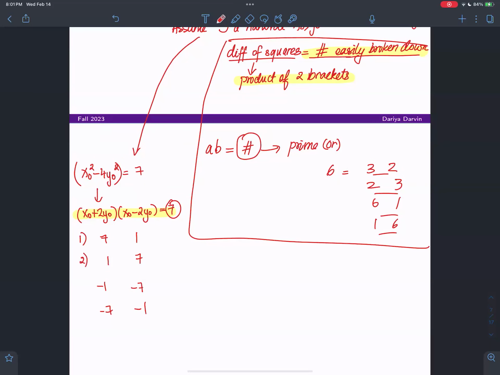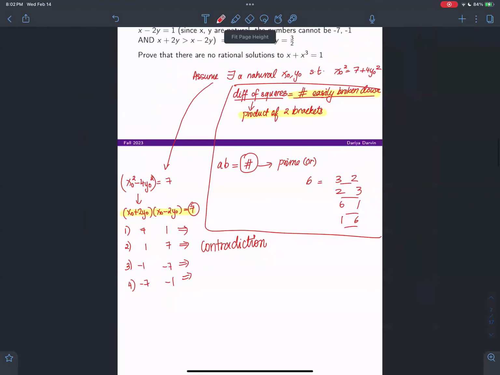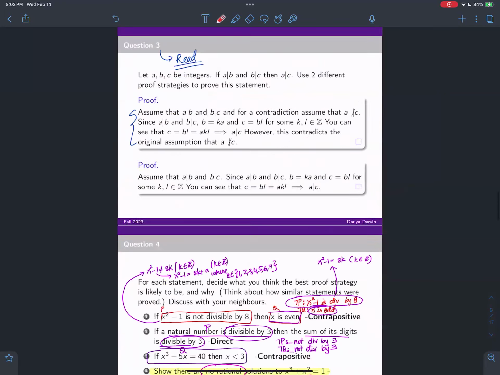These are your cases, and you have to take each case and show that it leads to a contradiction. I'm not doing that part, the answer is given here, but all of them will lead to a contradiction. That's the logic for no natural solutions. Does this make sense? Okay, I see someone say yes.